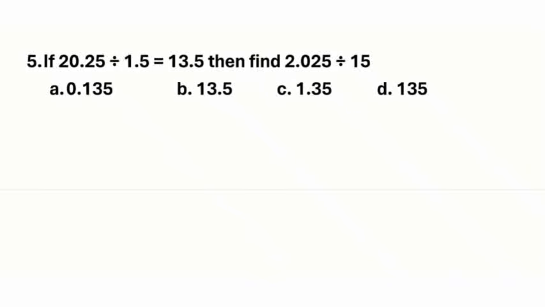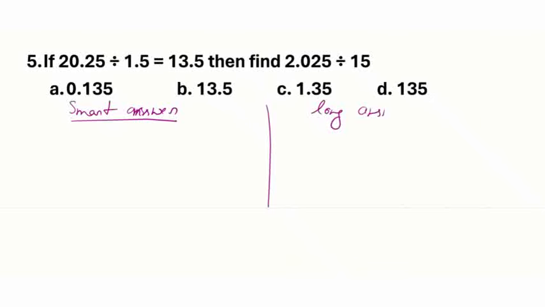See, firstly, let me teach you the short way. One is the smart answering method, as I call it, and the other is the long answer. So here for your smart answer, the question is 20.25 by 1.5 is equal to 13.5.